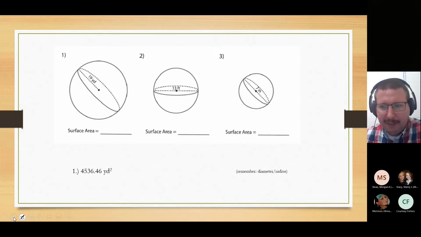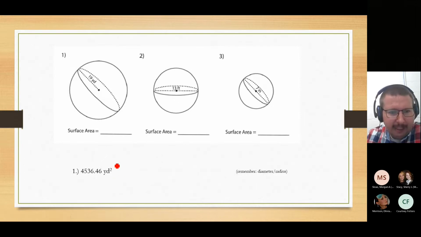So number one, just type it in, 4 pi radius squared. And I get 4536.46. And just like it was with the other areas, the 2 up in the air with the yard, just ignore that completely. As long as you get the answer, it's all that matters to us.